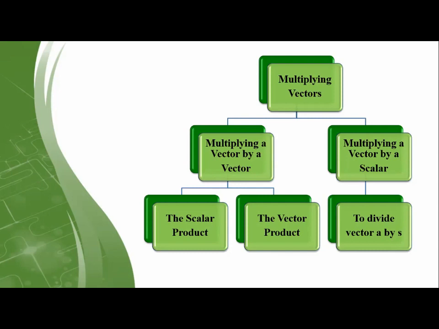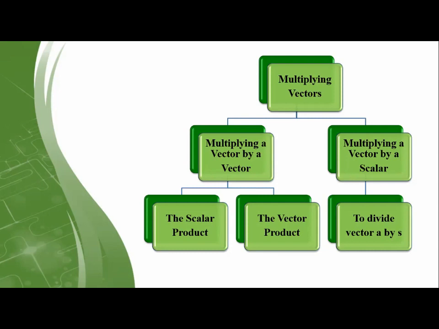Its magnitude is the product of the magnitude of vector A and the absolute value of S. Its direction is the direction of vector A if S is positive, but the opposite direction if S is negative. Also, to divide vector A by S, we multiply by 1 over S.